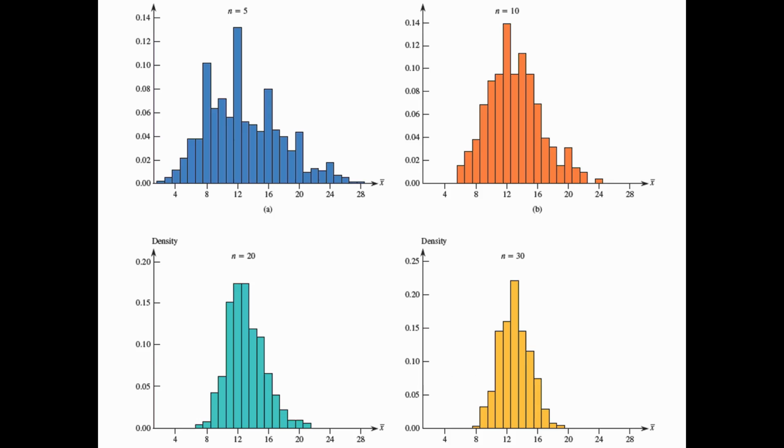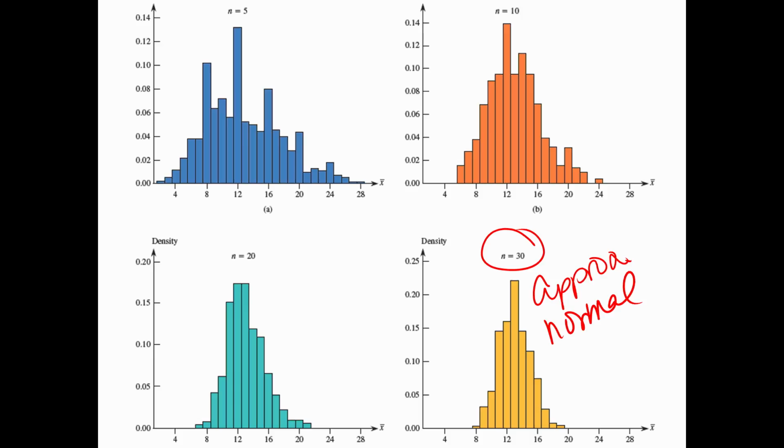Notice what kind of shape is taking place in all 4 histograms. I hope that you see that it is approximately normal. And in fact, when you get to n equals 30, so 30 games sampled at a time, it is approximately normal. And this is going to be key for us to be able to figure out future confidence intervals.